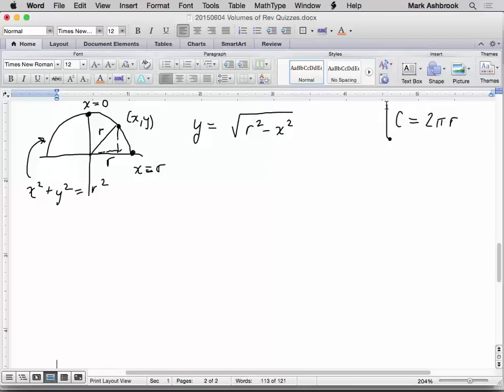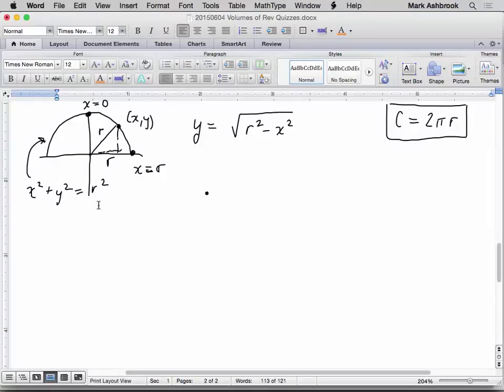Okay, so this is what we're after. We're going to use the arc length formula to prove that the circumference of a circle is 2 pi r. We're going to do that by doing the arc length for a quarter circle, and then we should get 1/4 of that, right? When we do a quarter circle, what should we get? We should get pi r over 2, 1/4 of that.